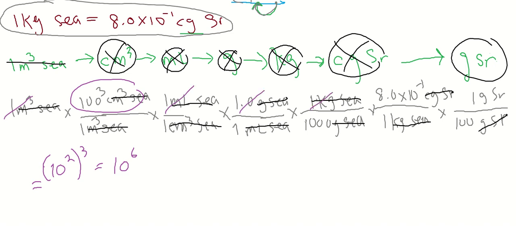There's an 8. So the -1 is going to give us 10 to the 5 on the top. Actually, let me just include that whole thing. 8.0 times 10 to the 5. That's the numerator, and that is in grams of strontium.